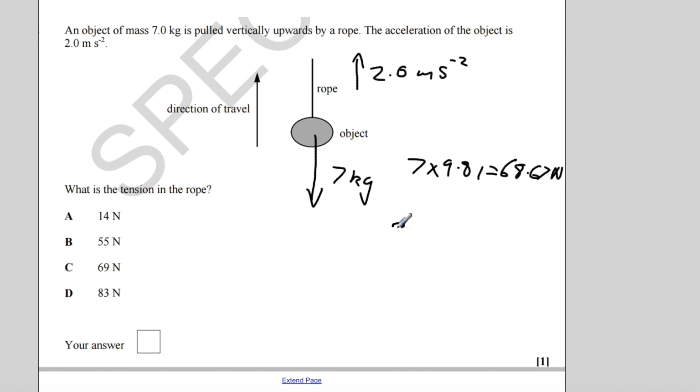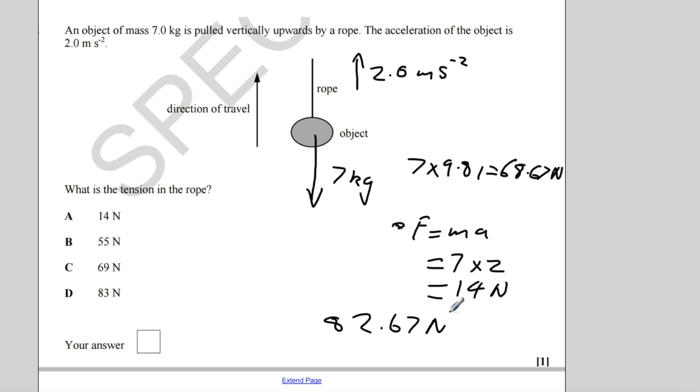So force is equal to mass times acceleration. It's already rearranged to find the force. So we need to do the mass, which is 7, times 2, which is 14. The tension in the string is going to be the resultant of these two. If we add those together, then we get 82.67 newtons, which is answer D.